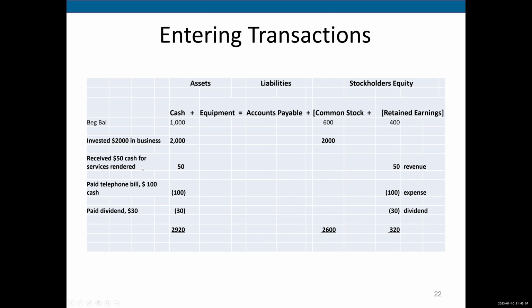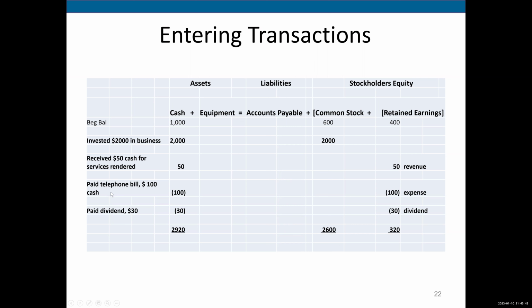If the business received $50 cash, does cash go up or down? It goes up. Why did we receive this cash? We provided service, so we earned revenue. So over on stockholders' equity, we increase retained earnings with revenue of $50. On this side of the equation, $50; on the other side, $50. We are in balance.